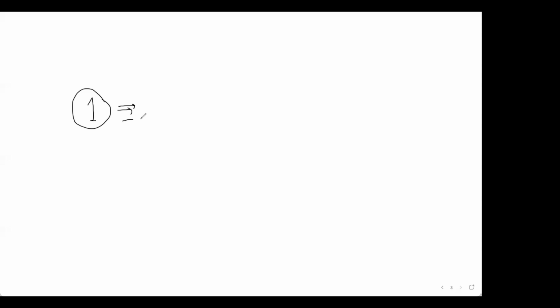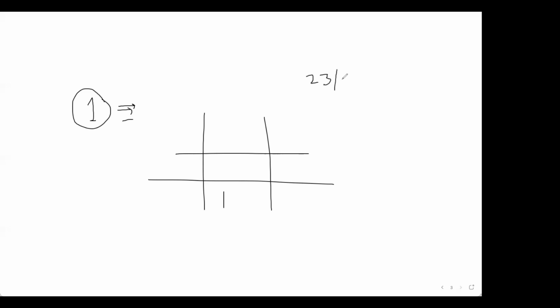If there is one only, what I mean is, let's take 23rd January, 21st April, 1987. So we just see there is just one 1 in this.